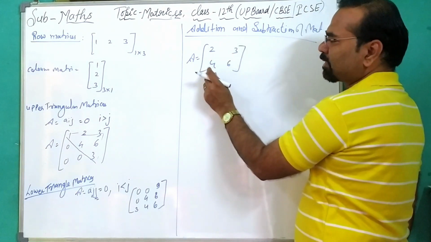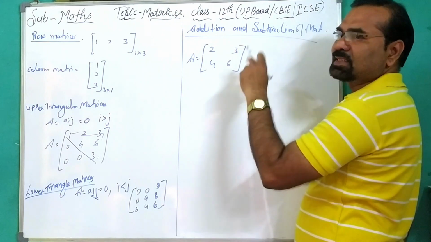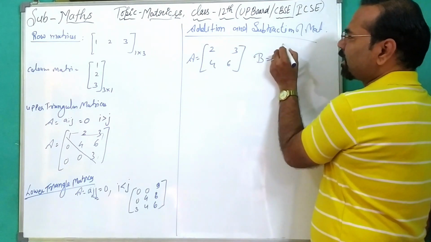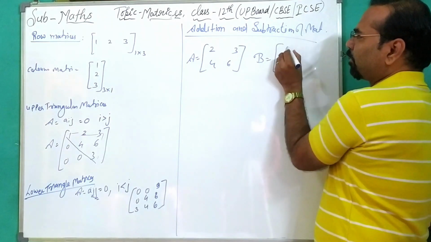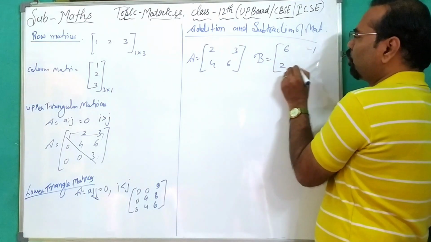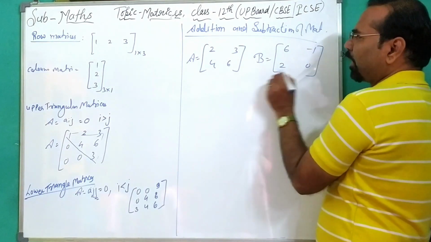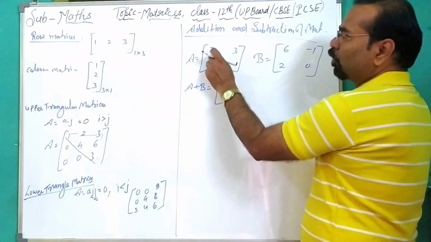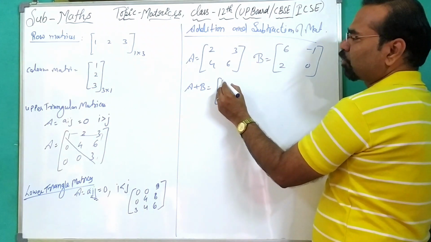It is a 2 cross 2 matrix, or we can say it is a square matrix. Now the second is matrix B, whose values are 6, minus 1, 2, 0. So we can find A plus B. How is it found? 2 plus 6. What can you do?